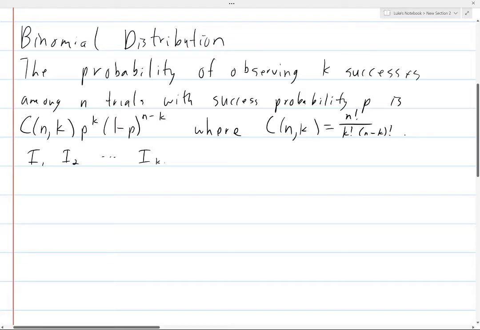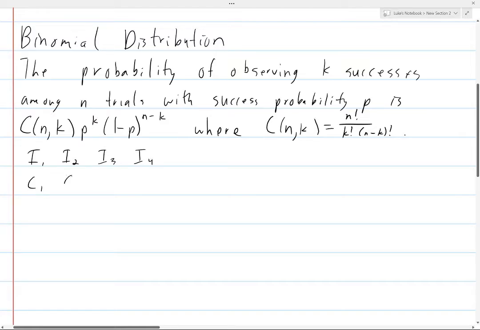Let's say you choose this item, you don't choose this item. Let's give us a few more items here.